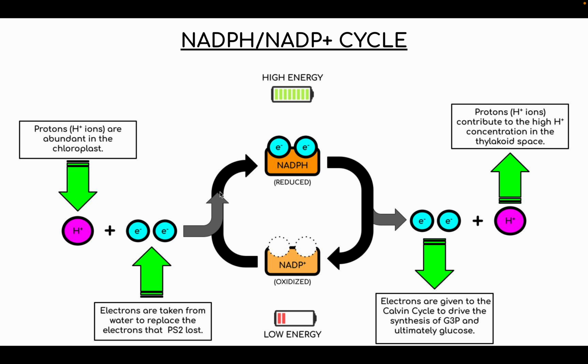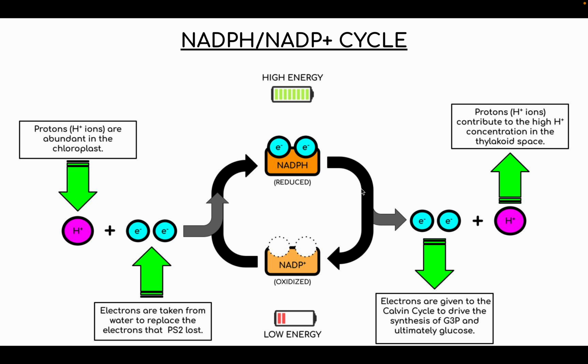Photosystem 1 recharges them and gives them to NADP plus reductase, which sticks all of these things together: a proton and two electrons with NADP plus give us NADPH. This is the reduced form, and it's fully charged. It's ready to go and give those high energy electrons to the Calvin cycle.